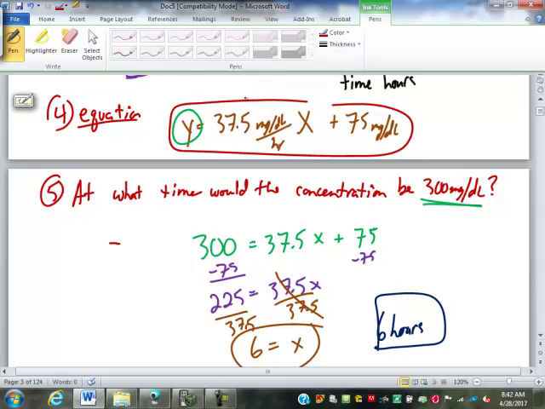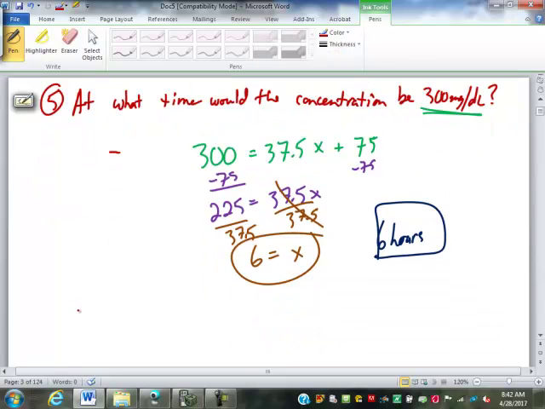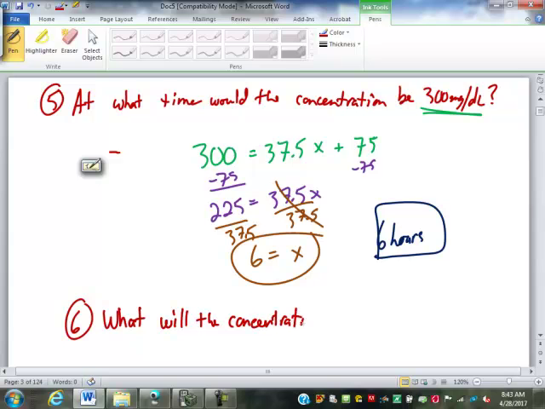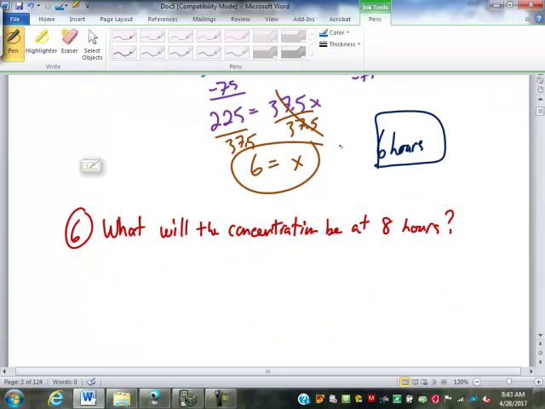Or a little bit simpler question might ask, what will the concentration be at 8 hours? So we have that equation still, y equals 37.5x plus 75.